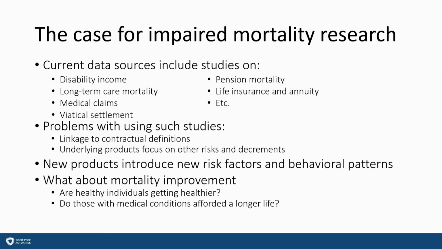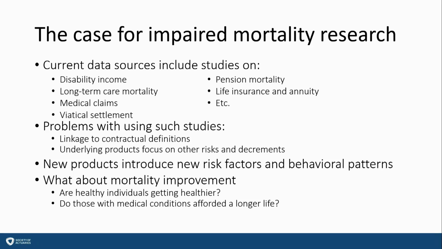In terms of the data that we have at the moment, there's not a lot of good sources. The SOA publishes the disability study, which looks at terminations from claim, which could be because of recovery or mortality. So we do have that data. Same thing with long-term care. There is a component that looks at the mortality of people who are on claim. There's medical claim data. A lot of times they're group business data, so you can't get that long-term monitoring of individuals.